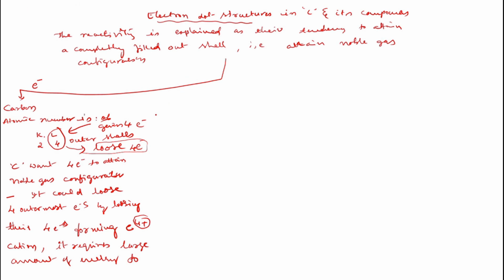Now we will discuss gaining. Suppose it is getting 4 electrons from outside. What will happen? Suppose it could gain 4 electrons. Electrons have negative charge, so it is gaining negative charge.